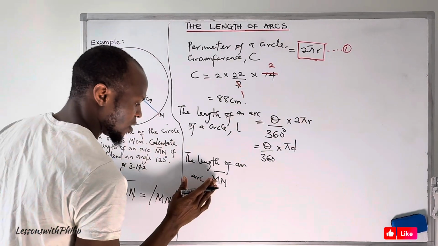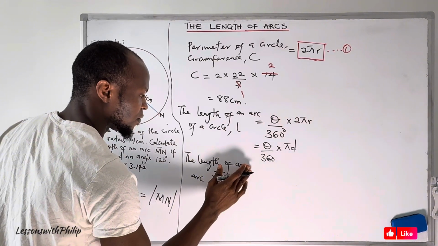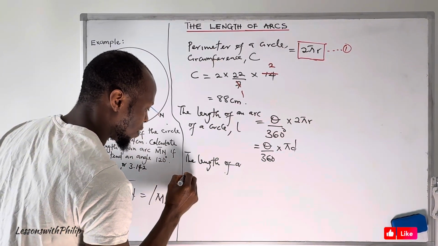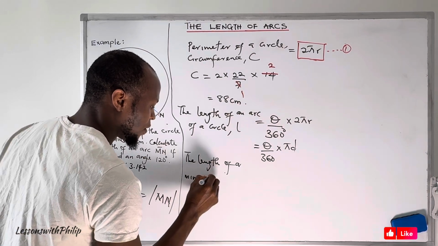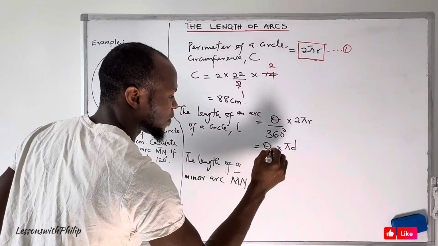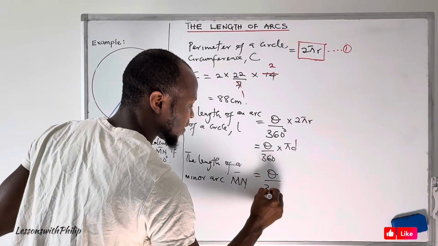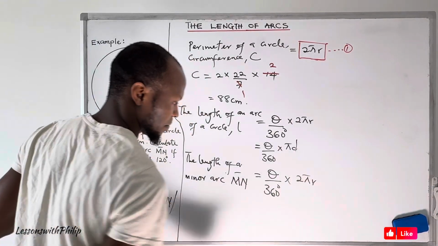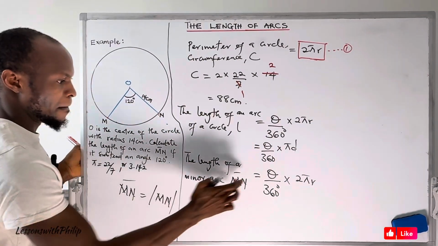All right. Now, the length of an arc MN, let's assume that we have to calculate this minor arc MN. The formula is theta over 360 degrees multiplied by 2 pi r. Now what is my theta?